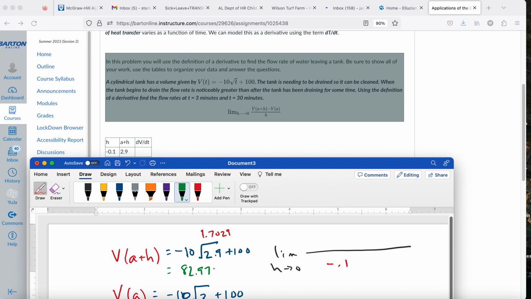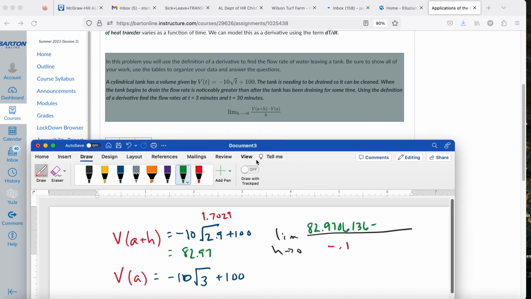I probably want to carry that decimal out a little more, so it's 82.9706136. Next, I have to plug in 3 to find V of a. I'm going to take the square root of 3, multiply that by negative 10, and subtract it from 100.